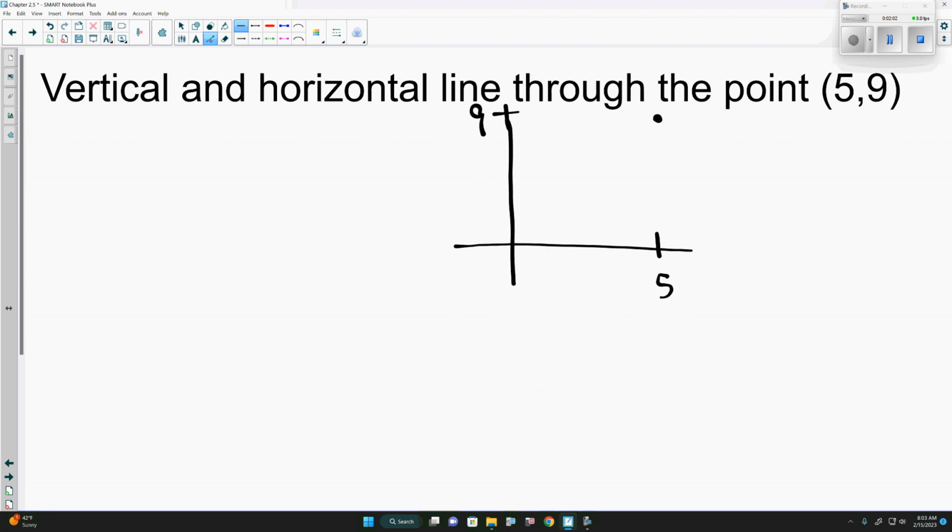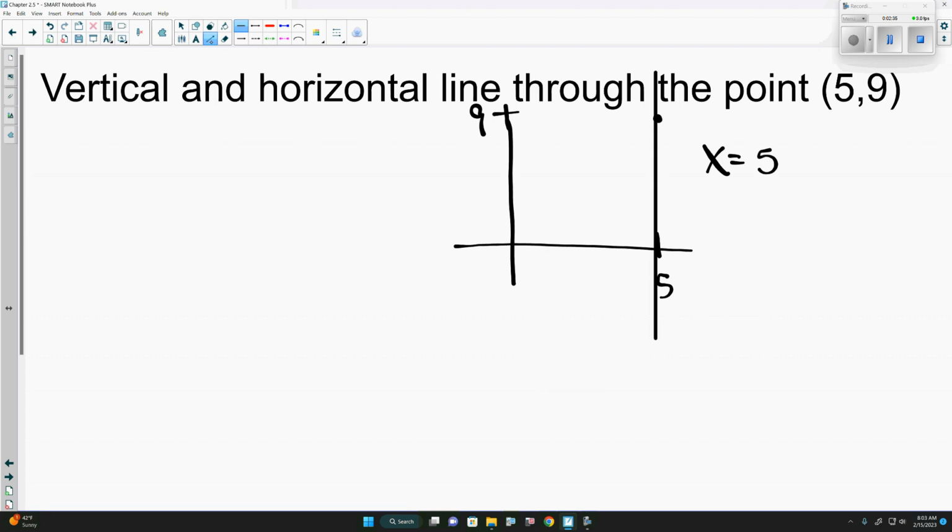If we wanted to draw a line going vertically through it, it would be the line going straight up and down. And how would we write the equation for said line? It's all the x values equal to 5. That's actually it. That is the vertical line. That's the equation of the vertical line passing through the point 5, 9.